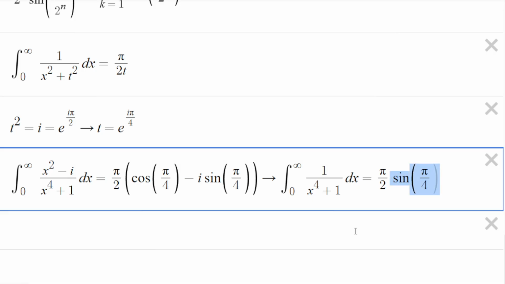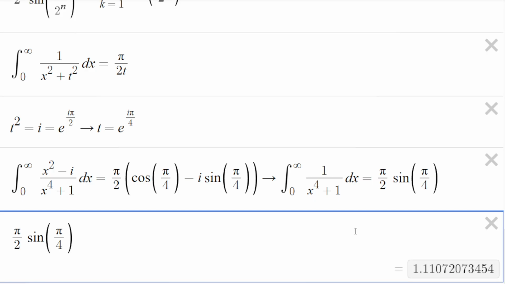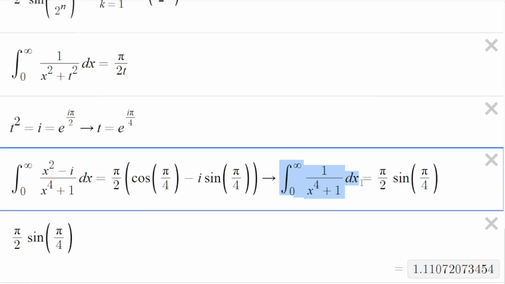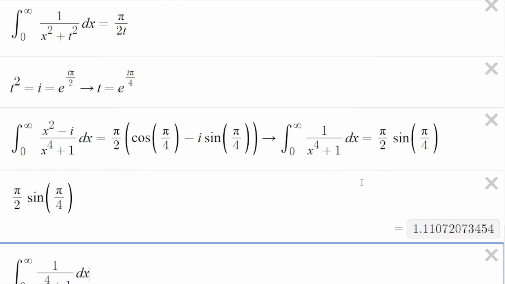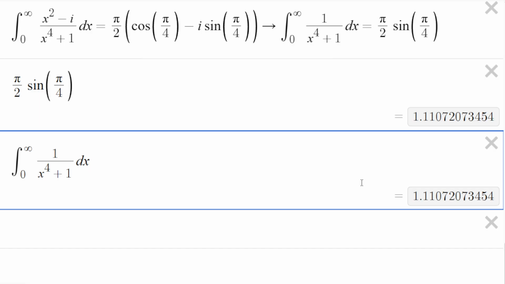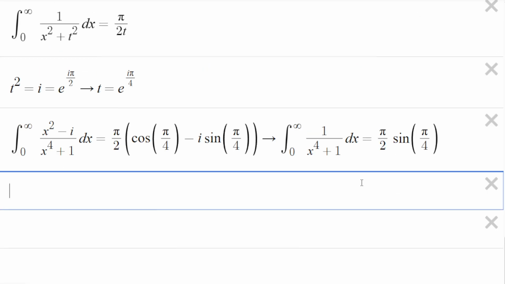And let's just paste both those values down here so you can actually see that being true. See, it is.